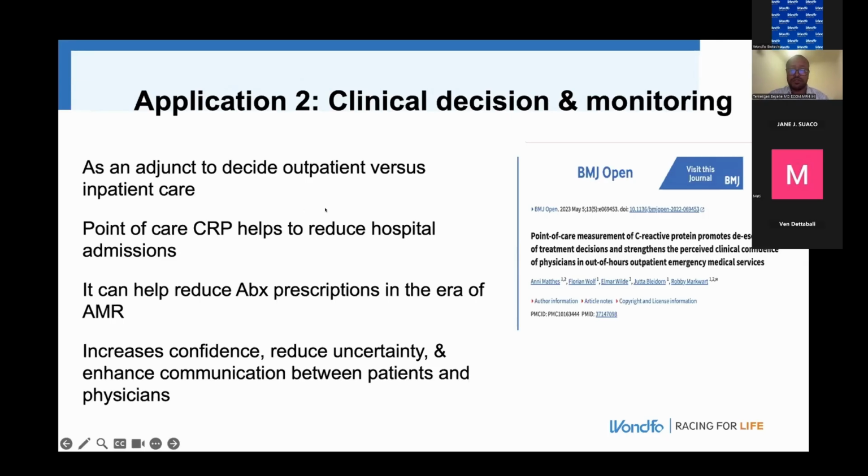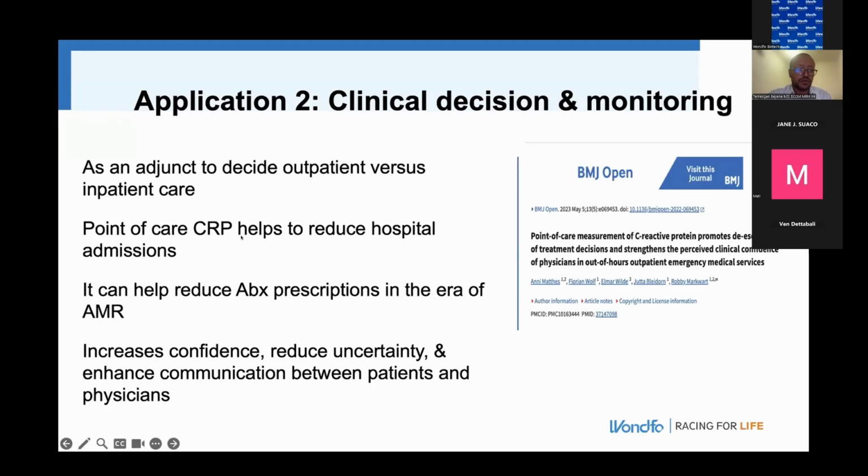So from that point of view, this was one of the studies which assessed how CRP is effectively used in terms of de-escalating treatment decisions and how it helps in strengthening our perceived clinical physician decisions for out-of-hours outpatient emergency medical services.